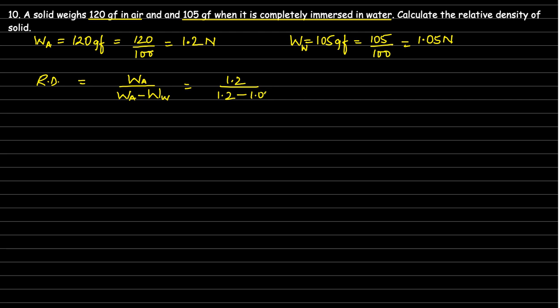So we get this as 1.2 divided by 1.2 minus 1.05, which is 0.15. So we multiply numerator and denominator by 100. So we get this as 120 divided by 15. So 120 divided by 15 would give us 8. So we got this as 8, and since again it is relative density, there will be no unit.